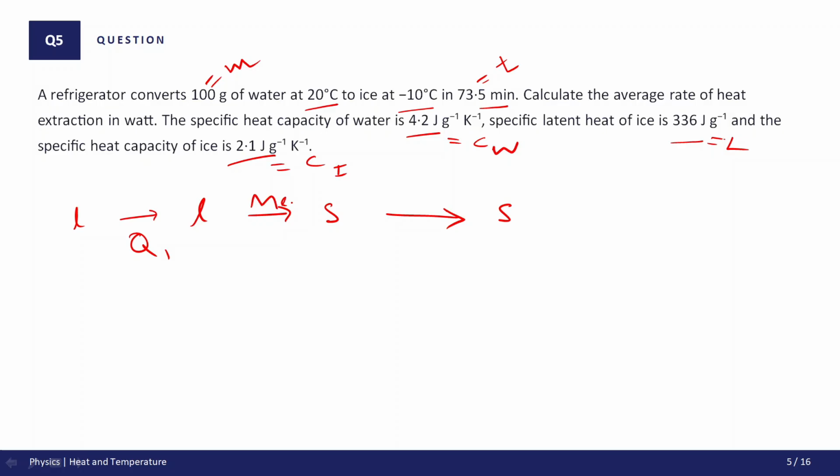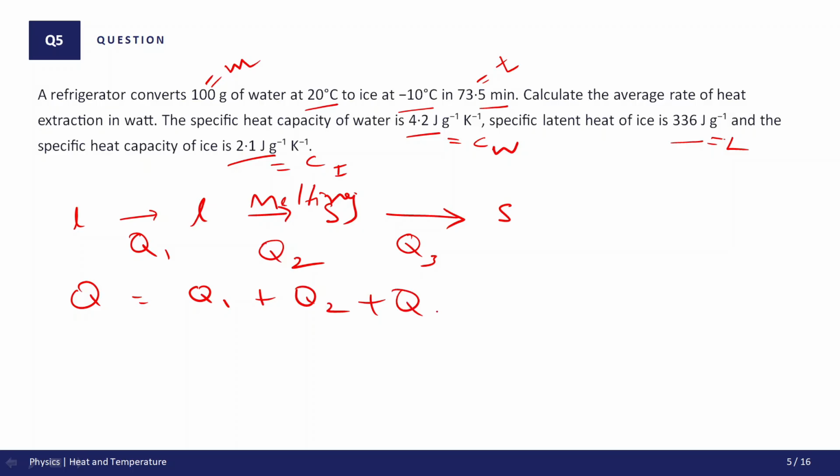This is the melting, liquid to solid, I mean freezing it is. This is the Q2 energy, and solid to solid, state remains same, temperature changes. The total energy we will write here, Q equal to Q1 plus Q2 plus Q3, that equal to MC delta T plus ML plus MC delta T.